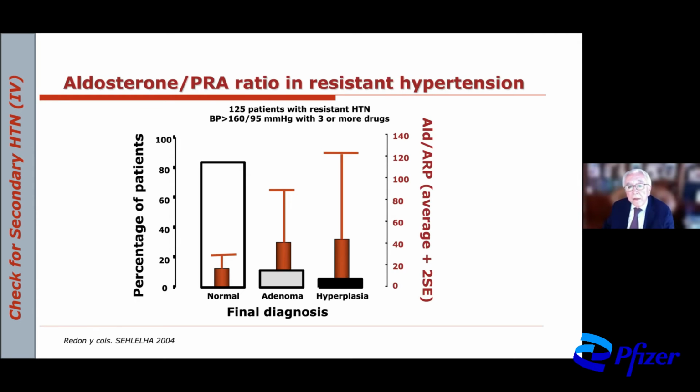The only drugs that you need to take out at the time to assess this ratio are beta blockers, because they reduce the activation of the renin-angiotensin system, and anti-aldosterone drugs. You can even check if the patient is taking drugs that block the renin-angiotensin system, because it is one way to stimulate the system, and if it is blocked, for sure it is more probable that the patient will have hyperaldosteronism.